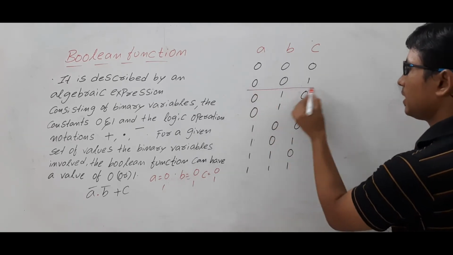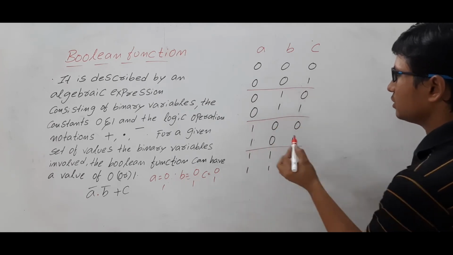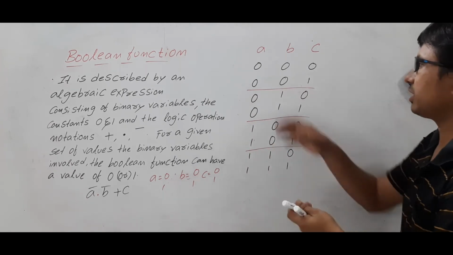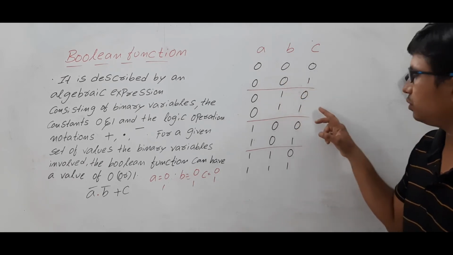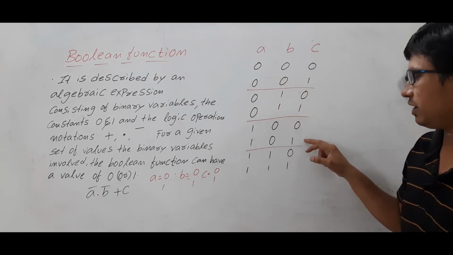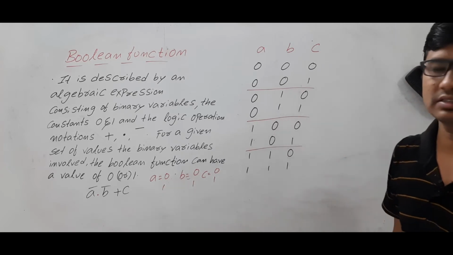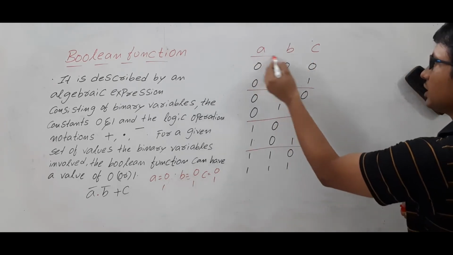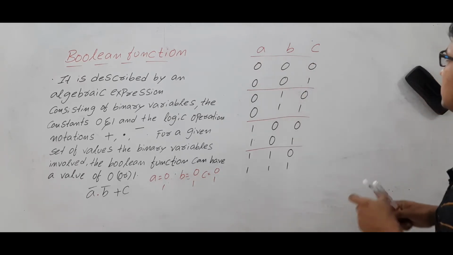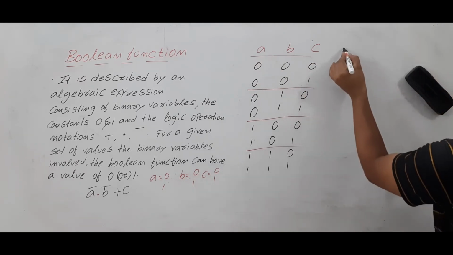These are the 8 combinations you will get. If I convert into decimal numbers, this is 0, 1, 2, 3, 4, 5, 6, 7. Is it clear? So totally you got the 8 combinations. Now for this one, if I substitute this function, what is the function?